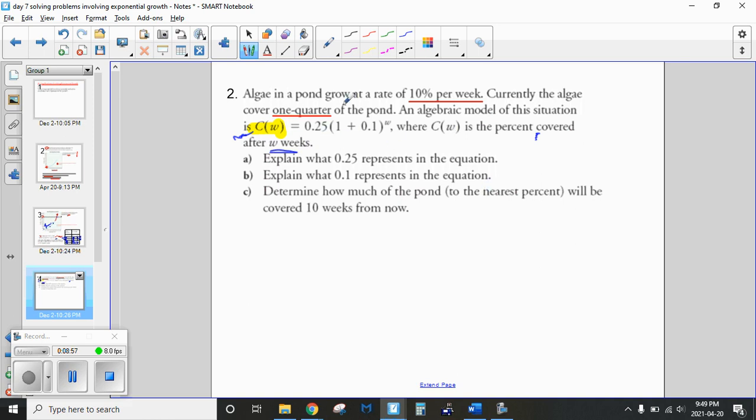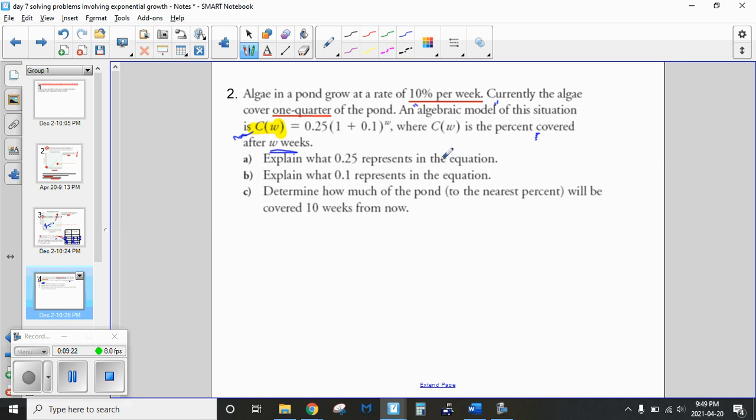Okay, and there's a formula to follow, and the algebraic model is the formula. It has a 0.25 in brackets, 1 plus 0.1, and the exponent here is W. So we're just going to break that formula into its parts and figure out how you make one of these equations.